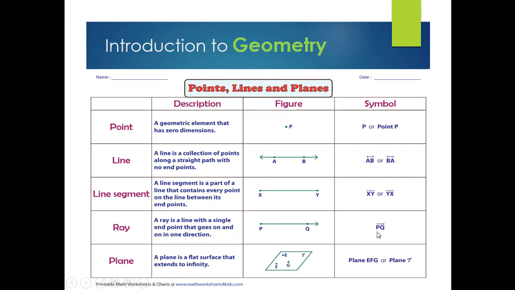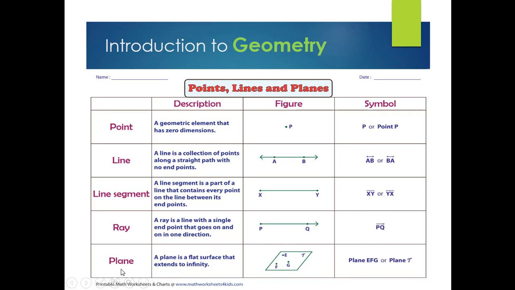So how can I represent it? I can write PQ and look at the line on them. The arrow is to the right. Actually, I can write it in a different way. I can write QP, but I am going to change the direction of the arrow.